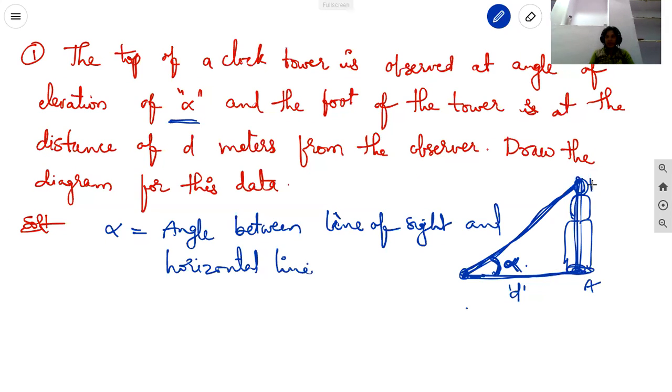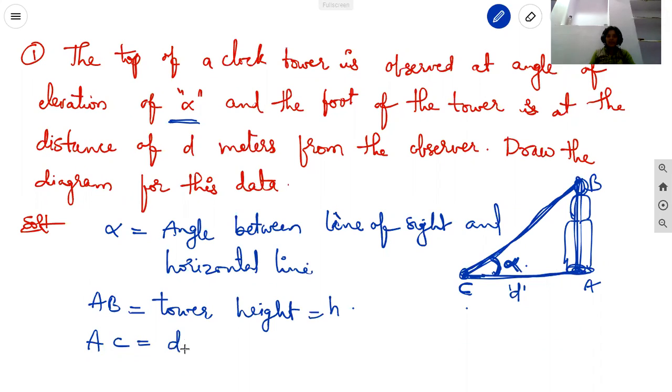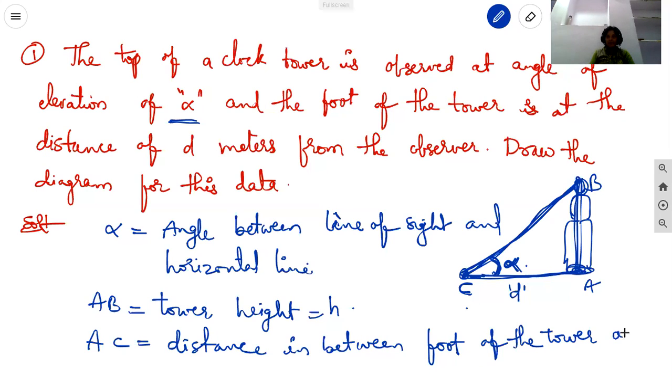Suppose we take AB as the tower height, let it be small h, and our position is C. Then AC is equal to the distance between the foot of the tower and the observer.